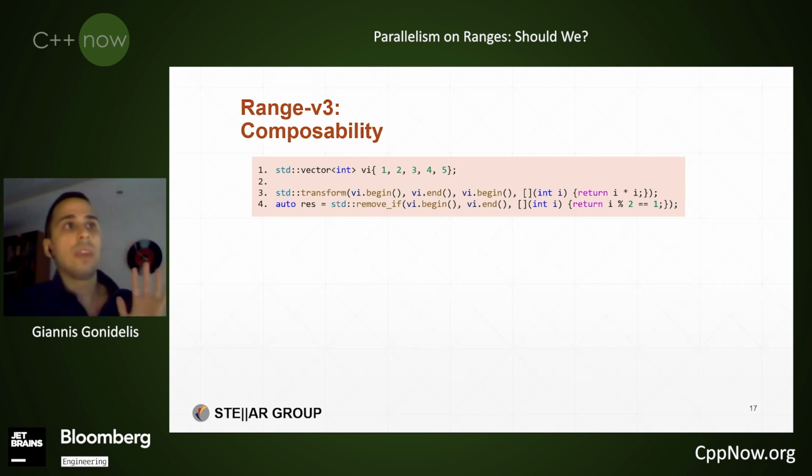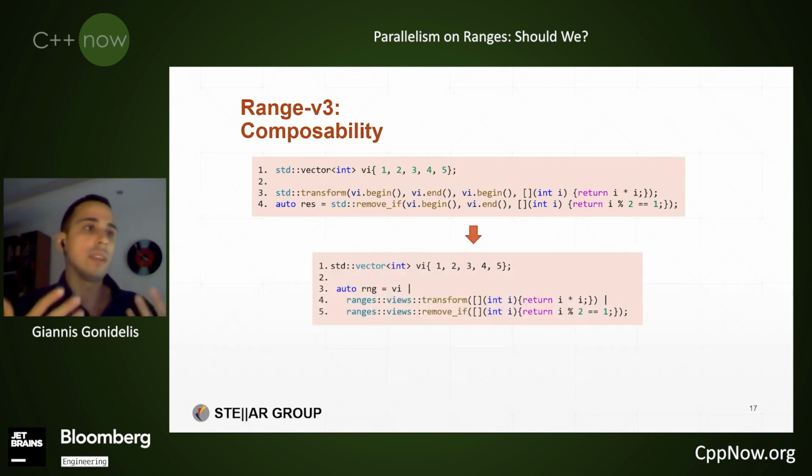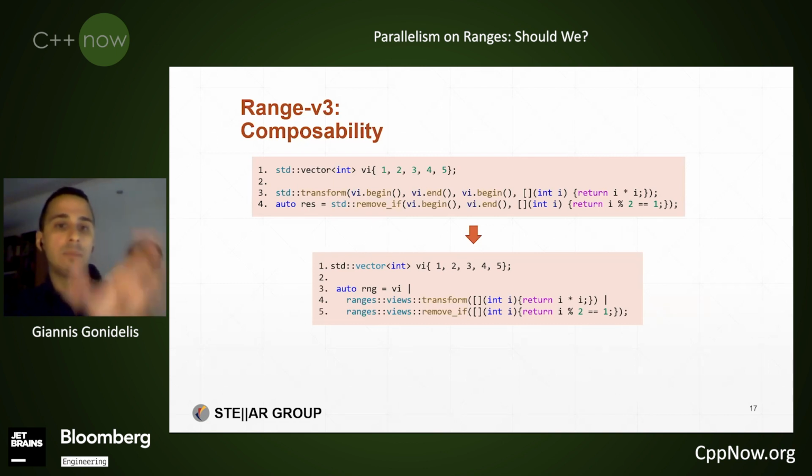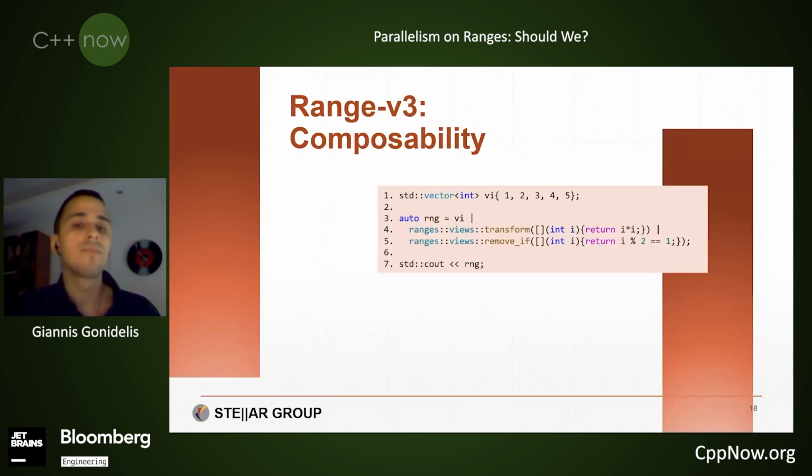With range v3, our code converts to this very beautiful and intuitive sequence. There are certain elements here, for those who don't know how ranges work, that may not seem familiar, but the code is smaller and it's more expressive and it's composed. And I will explain how you could achieve the same results with this composability in the next slide.